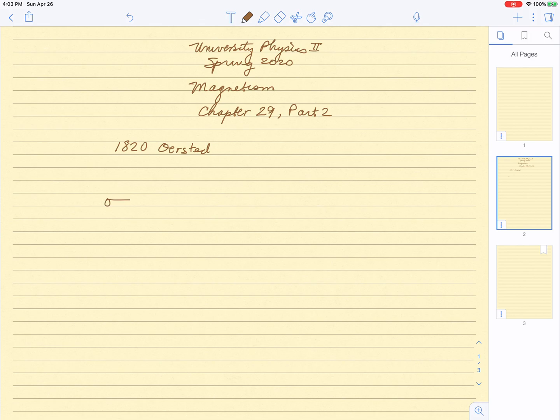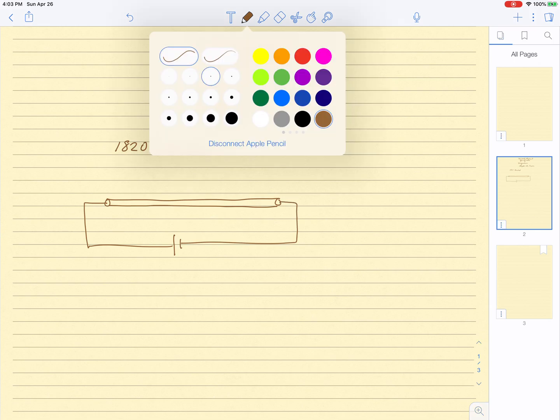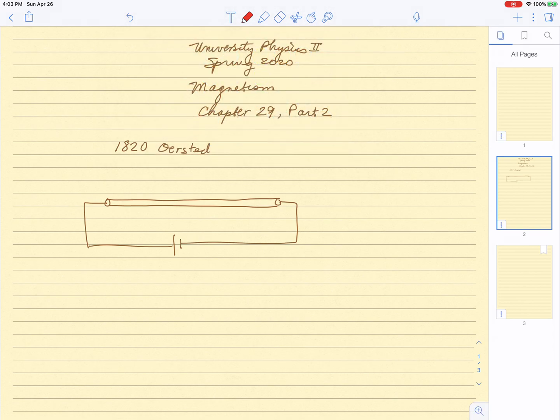Let's see what happened here. So here's a wire connected to a source of electromotive force. Within that wire is going to be established a current. So you're going to have a current in this wire.